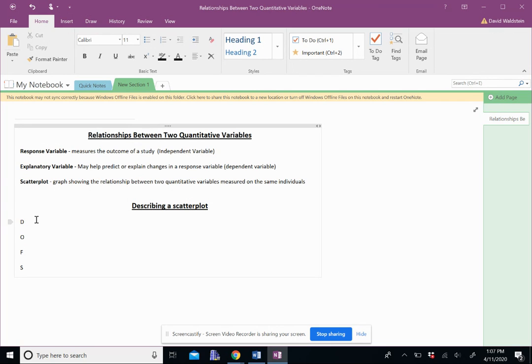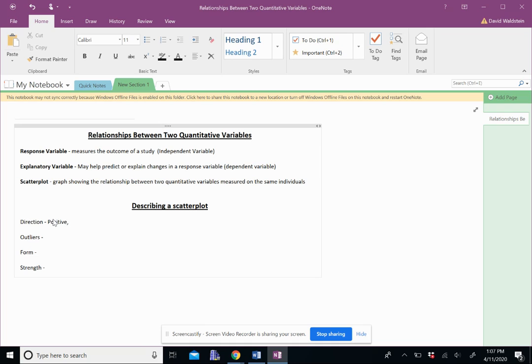And in DOFS, the D stands for direction. The O stands for outliers. The F stands for form. And the S stands for strength. All right, so direction is basically what direction our data appears to be going in. And we're going to be talking about the association between the two variables with our direction.